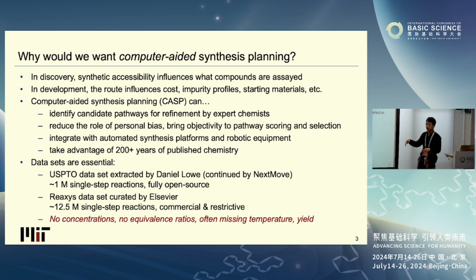But recently, more and more people have turned their attention to what's called computer-aided synthesis planning. So why is that? First, in the discovery phase, we actually want to be able to make those molecules. So those molecules that are easier to make would be prioritized in the pipeline when we try to develop new drugs.